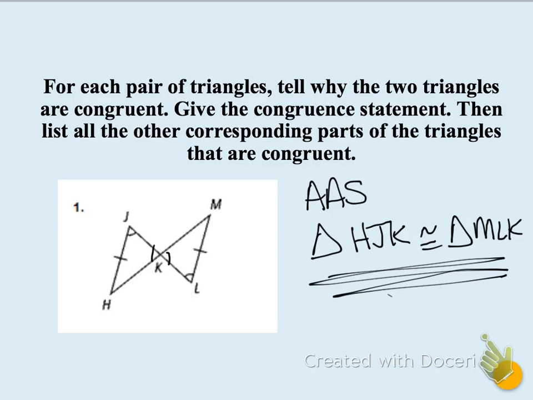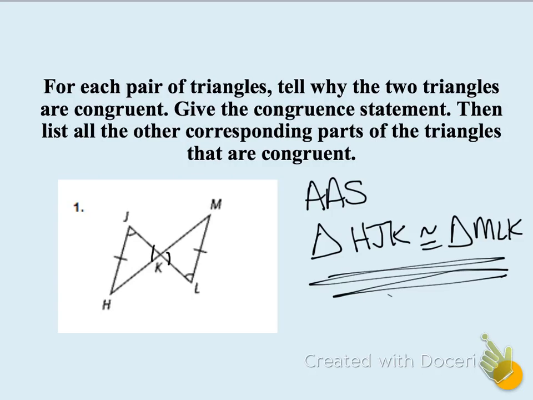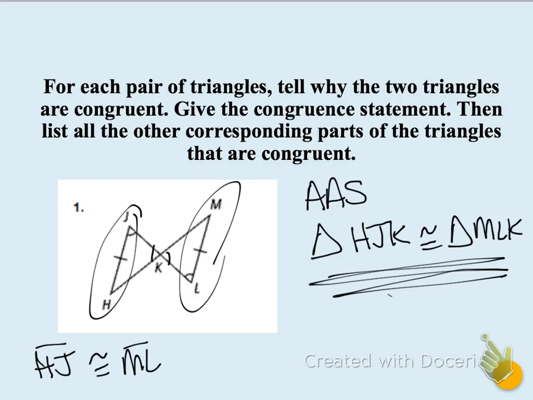So now I have to list all the corresponding parts of the triangles that are also congruent. So all angles and all sides. So angle J is congruent to angle L, angle K is congruent to angle K, angle H is congruent to angle M. I'm going to erase those so I have room to do the segments now. Okay, so my segments, we got HJ being congruent to ML.